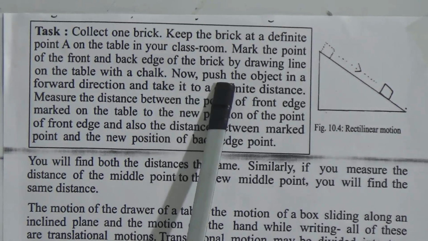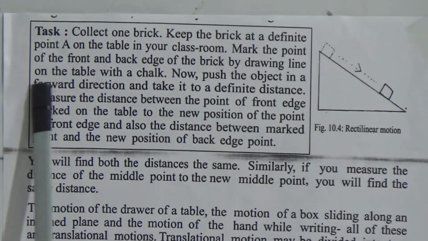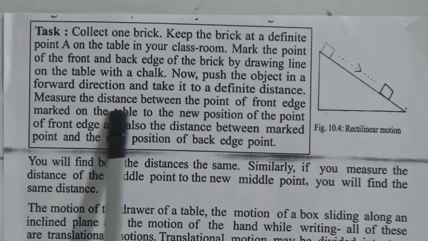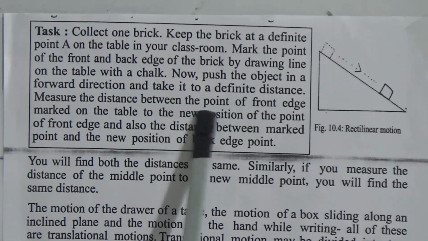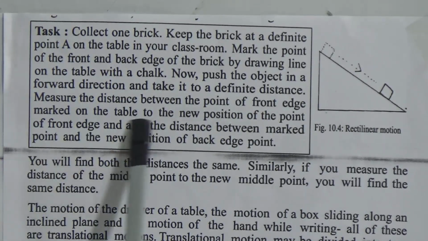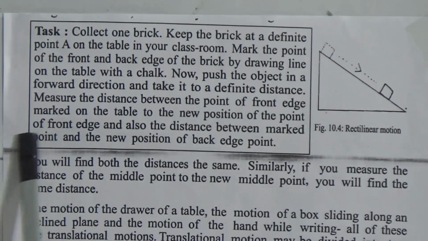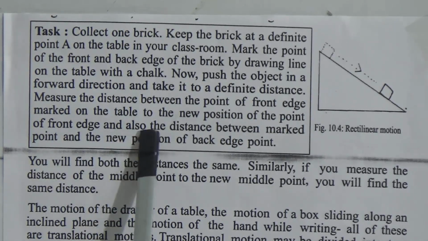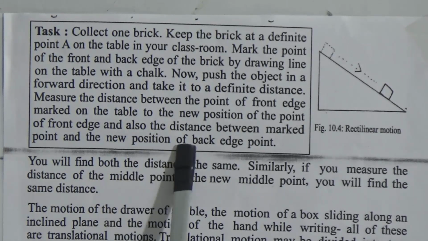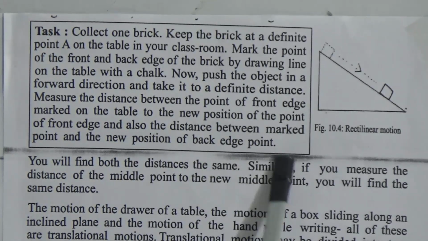We have to push the object in a forward direction to cover a definite distance. We have to measure the distance between the marked points of the front edge and its new position, and also the distance between the marked point of the back edge and its new position.